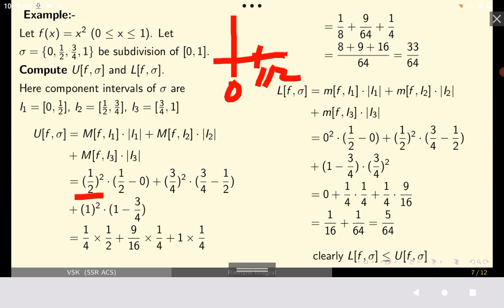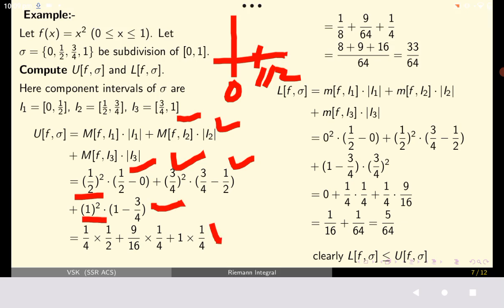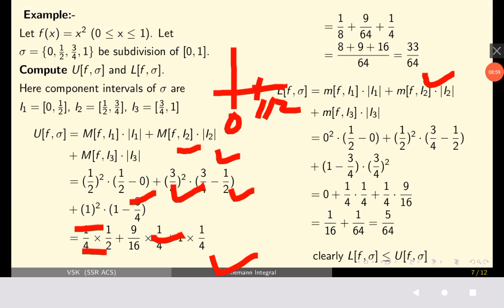Accordingly, we obtain this value, and the length of I1 is 1 by 2 minus 0. Similarly, this value we got, and the length of I2 is this, and lastly this value. When we calculate these values, we finally obtain this value of the upper Riemann sum.